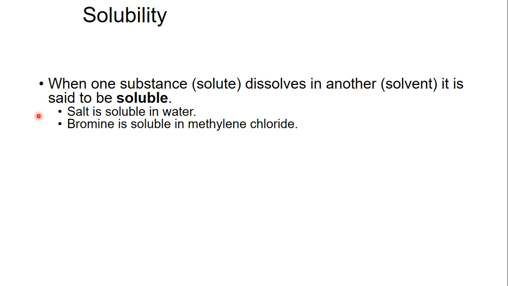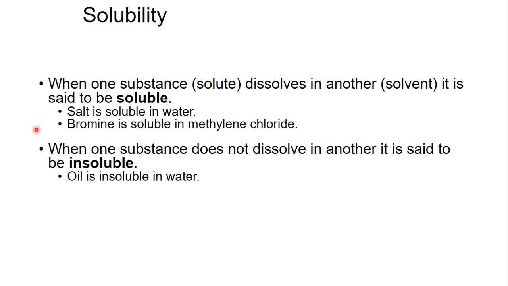Right? Now let's talk about the solute going into your solvent, that is solubility. So if a solute can dissolve in a solvent, it is soluble. So salt is soluble in water, and bromine is soluble in methylene chloride. However, if that substance does not dissolve in another, it is insoluble.